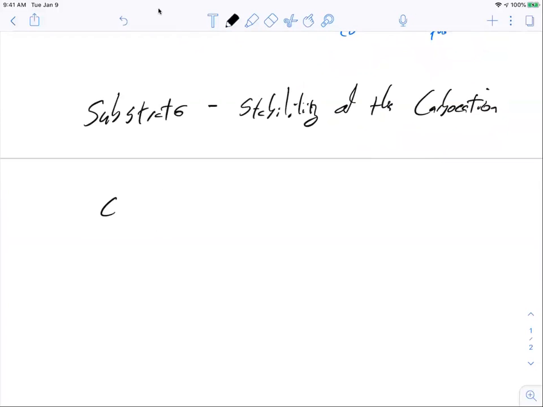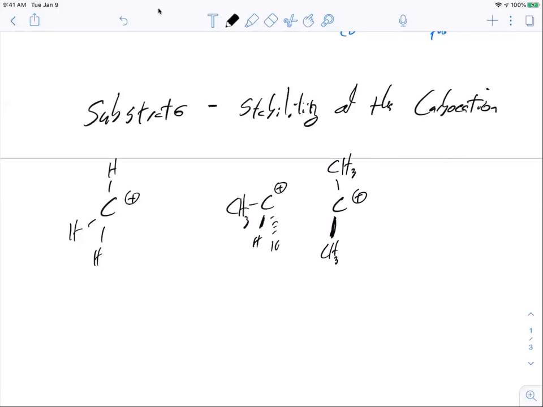So if we think about the possible carbocations, we think about the different stability of carbocations.